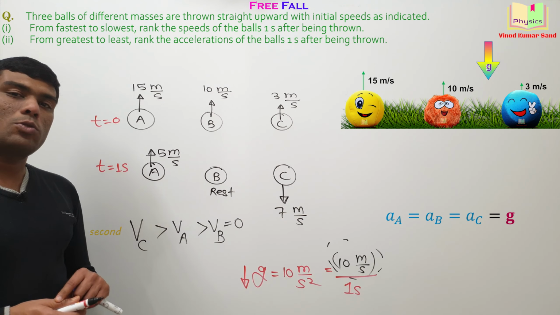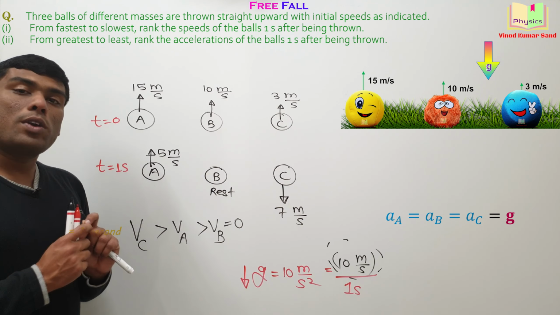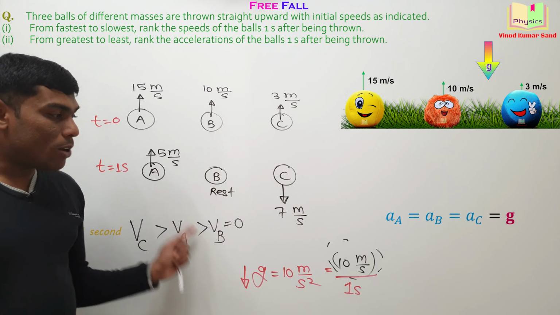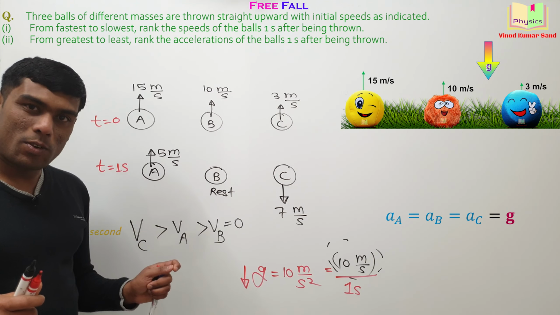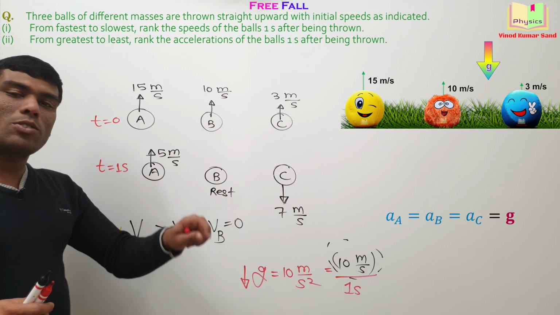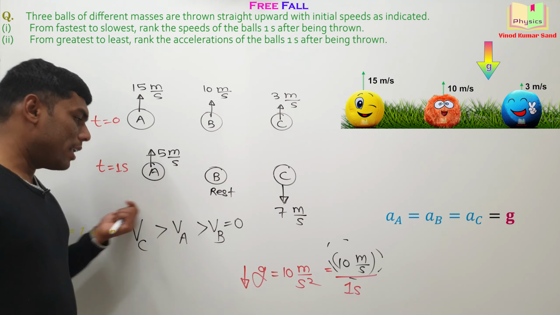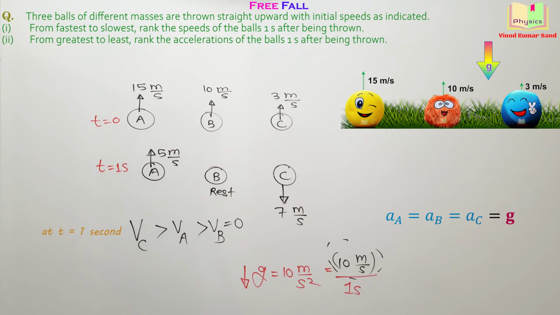Think about it and answer it. The answer is there is no impact of changing the mass, because these calculations are independent of the mass. So if we increase or decrease the mass, the answers will remain unchanged. Got it? Note it down.